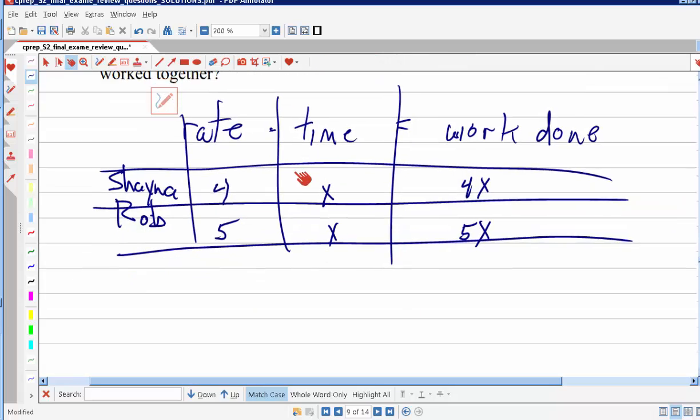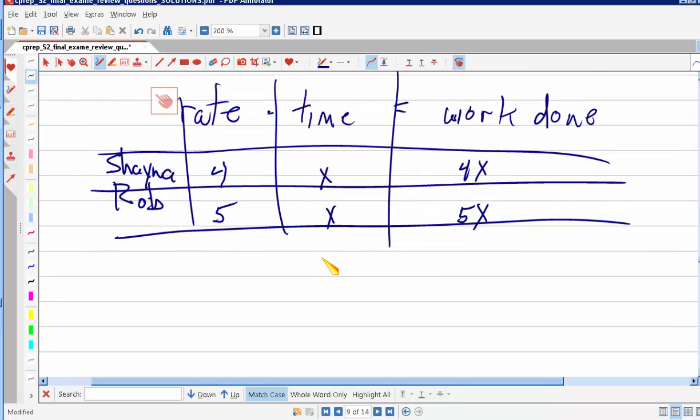So what does that mean? Well, the total amount they work, so I'm going to add them together, is equal to 40. That's my equation. So I'm going to combine like terms and divide by 9 on both sides.